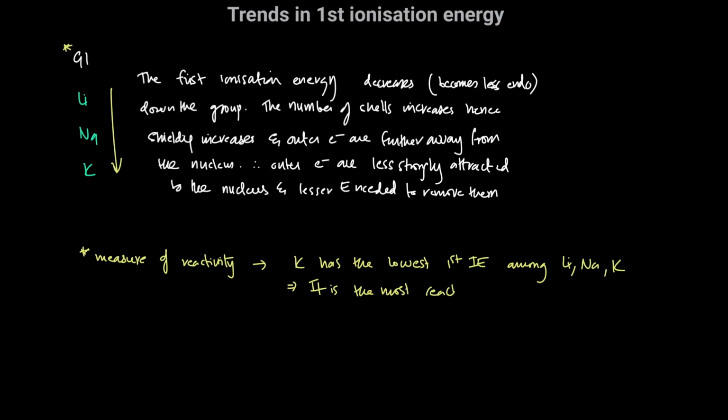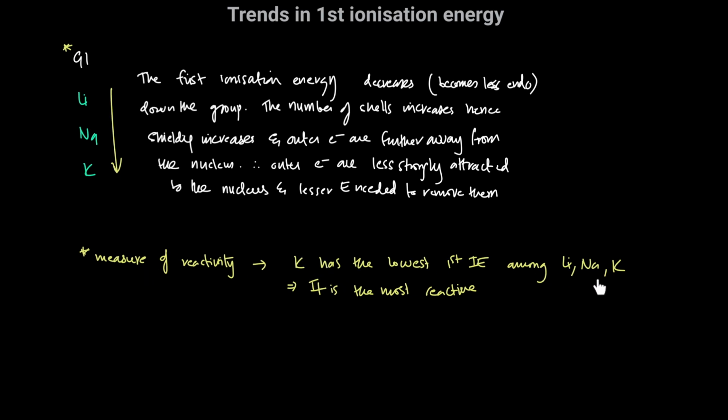It loses its outer electron most easily, and therefore it is the most reactive. So for the first ionization energy specifically, it's also a measure of reactivity of group 1 elements.